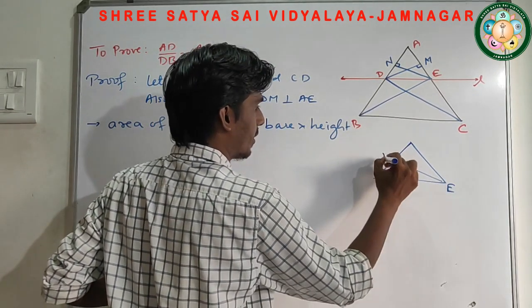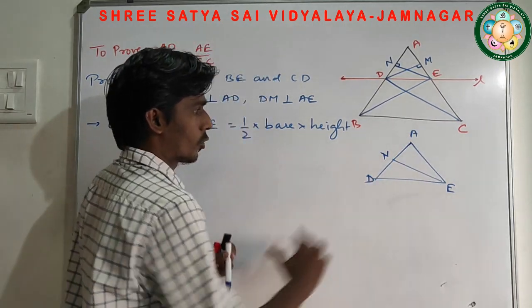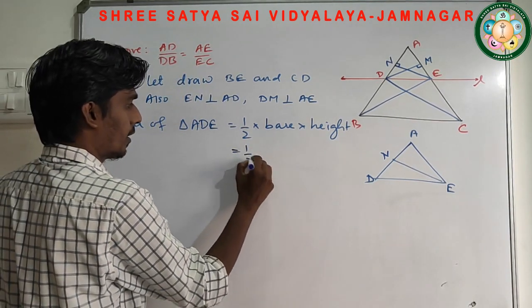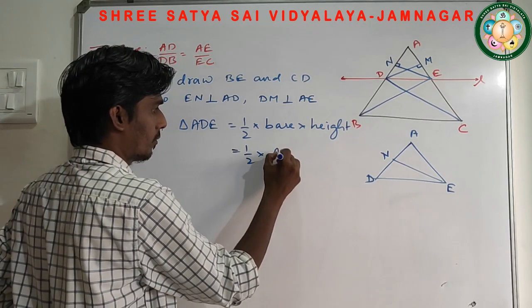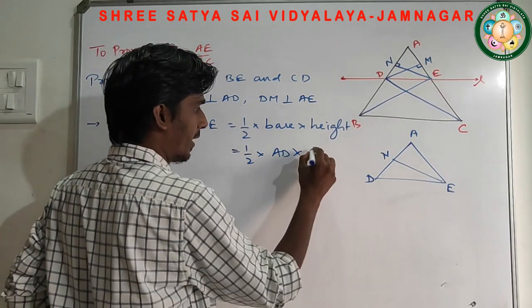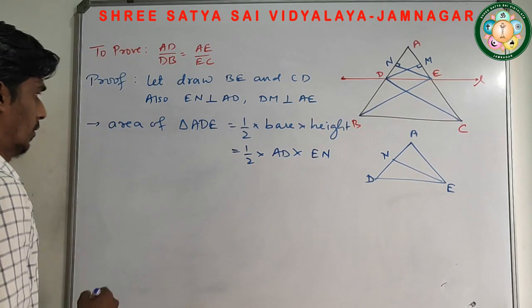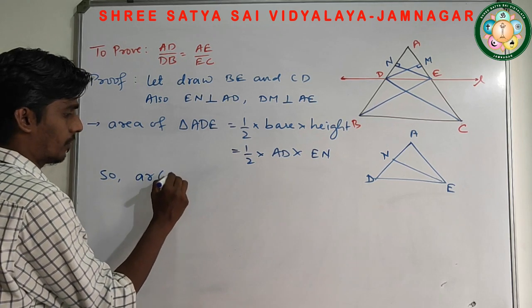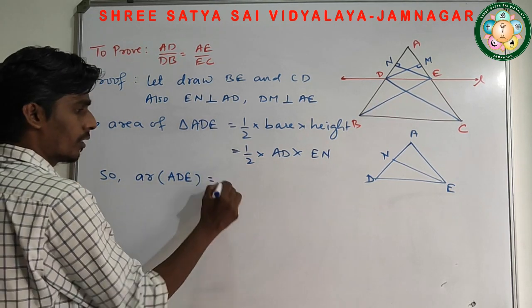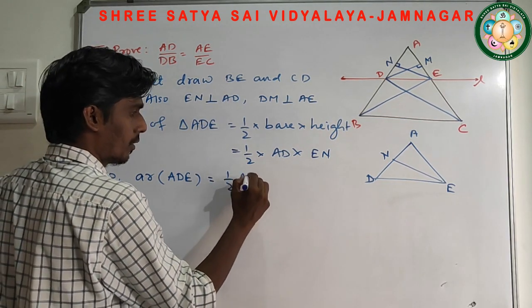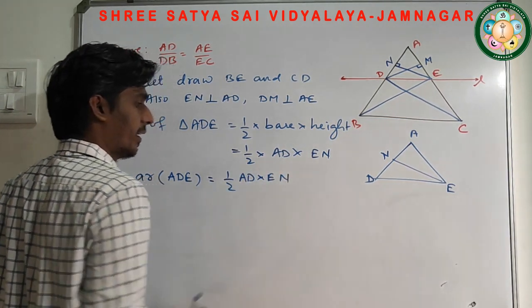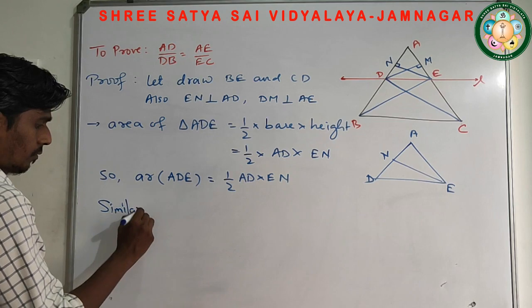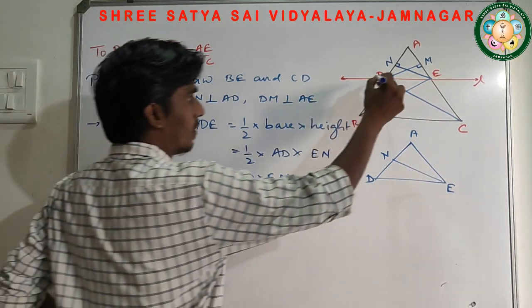Here it's E, here it's N, this is A and D. So AD is the base, EN is the altitude, or we can say height. So we can write directly as per 9th standard, area of triangle ADE is equal to half AD into EN. Similarly, we can write for area of triangle BDE.